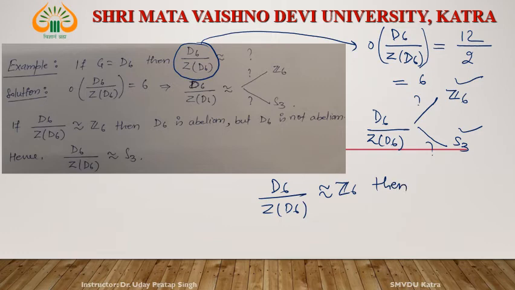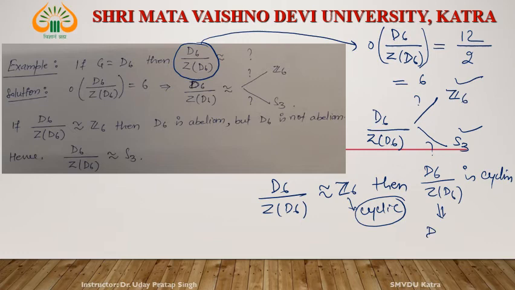Then this Z6 is cyclic, therefore D6 by Z(D6) is cyclic. This means D6 is abelian by the above theorem, but this is not true. So D6 by Z(D6) is isomorphic to S3.